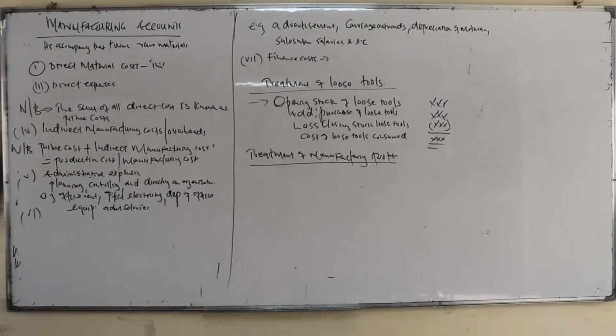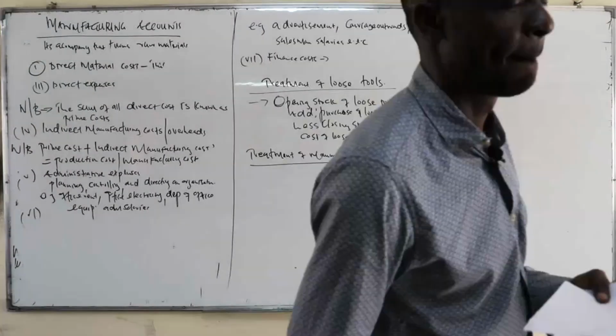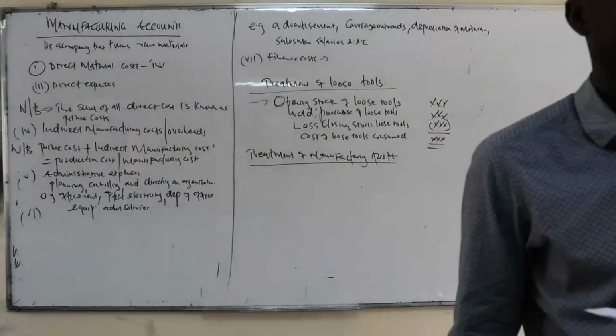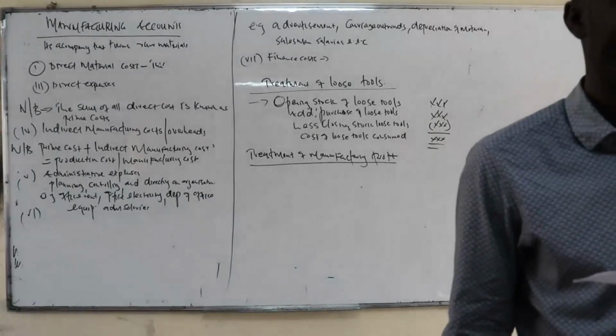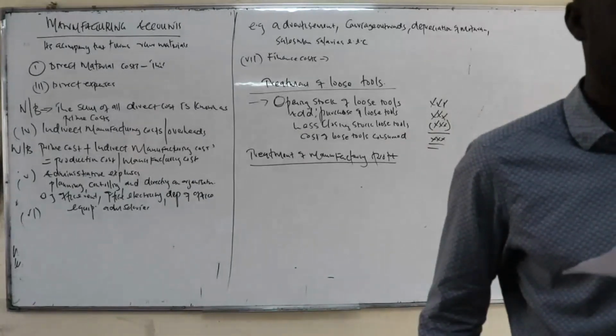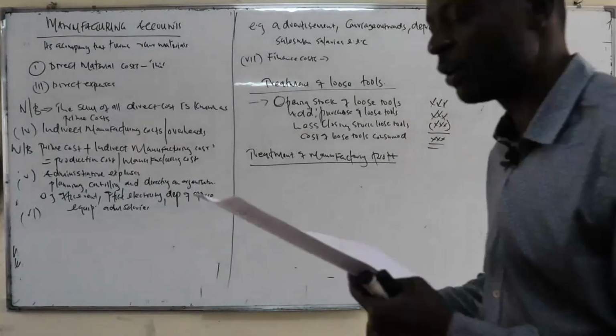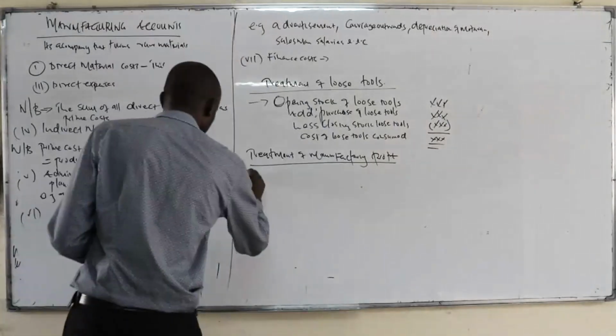So manufacturing profit should be added to the cost of production in the manufacturing account, so as to arrive at the market value of the goods manufactured.